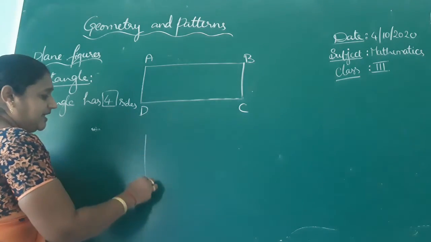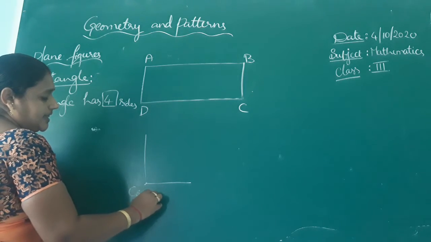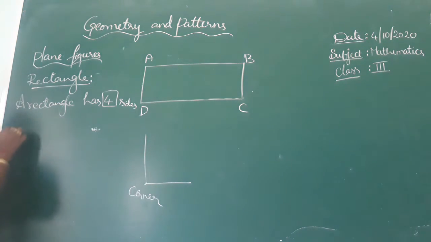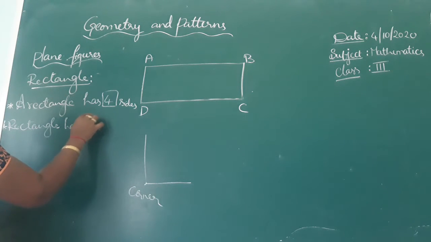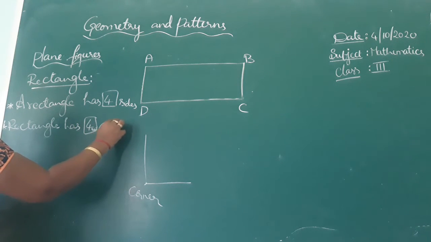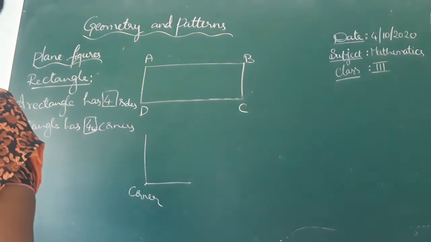If two lines meet at a point, that point is called a corner. So a rectangle has four corners. A rectangle has four sides and four corners.